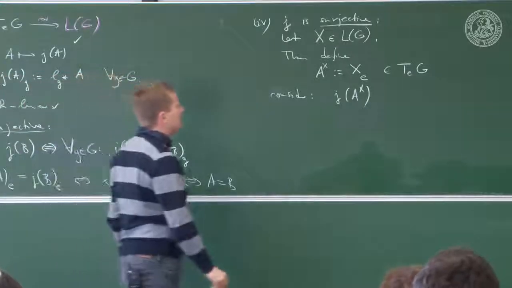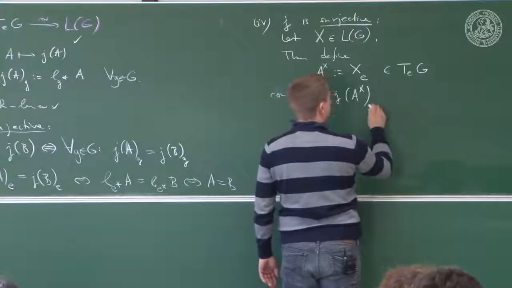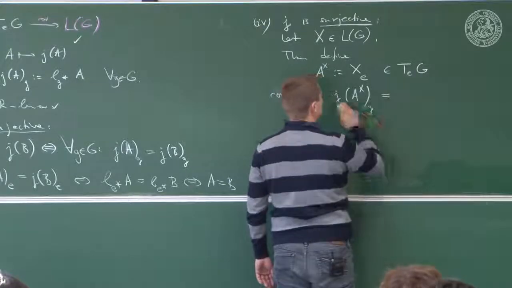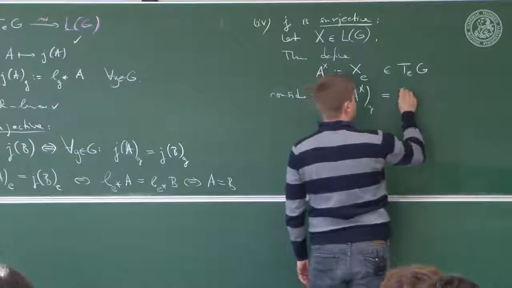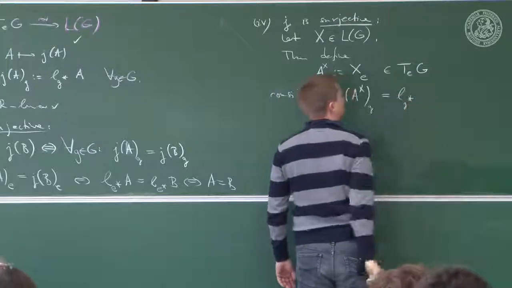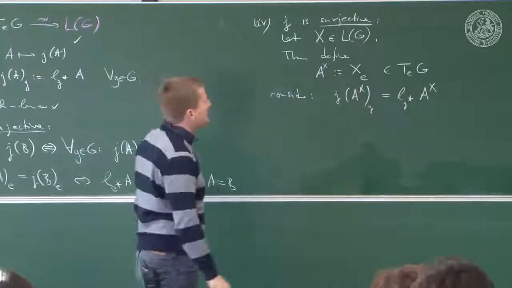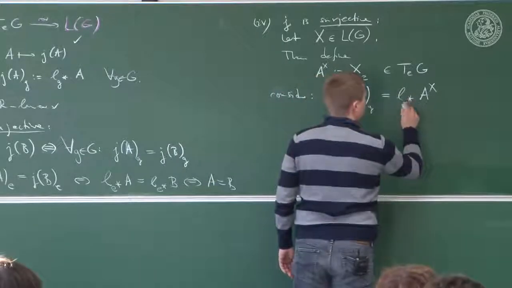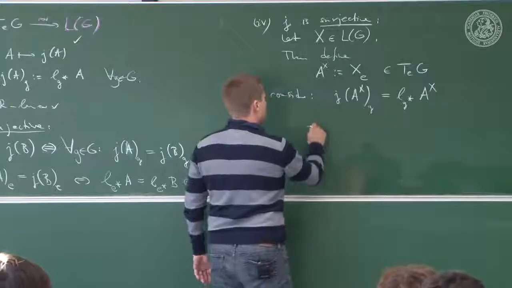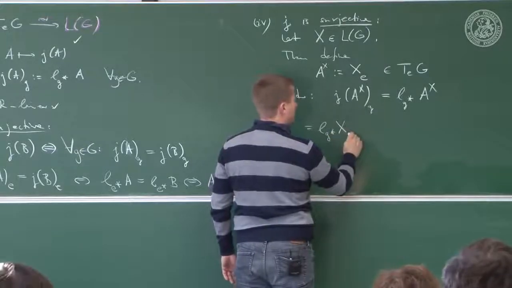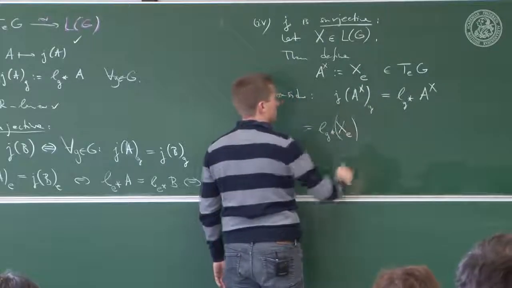So what is JAX? JAX at position G is, by definition of J, LG push forward of AX. Aha, yes, of course. LG push forward of AX, but that is LG push forward of X at position E.